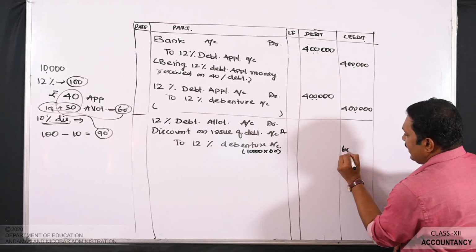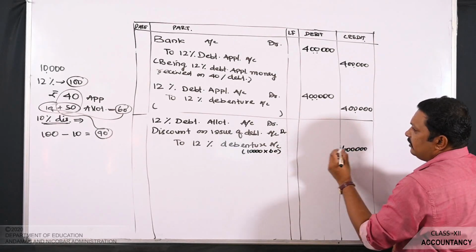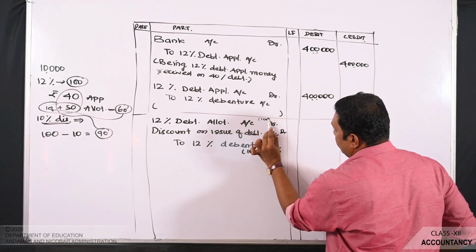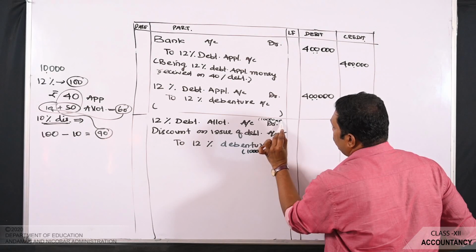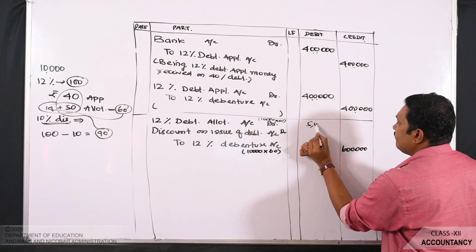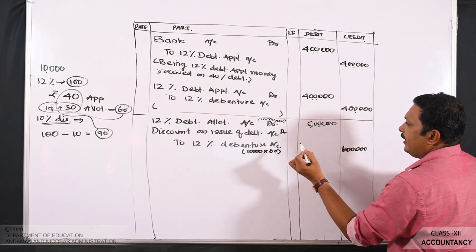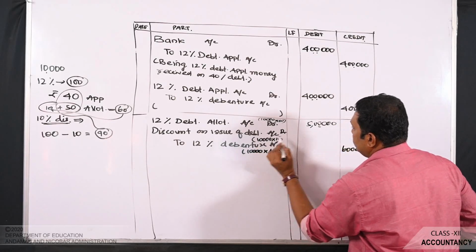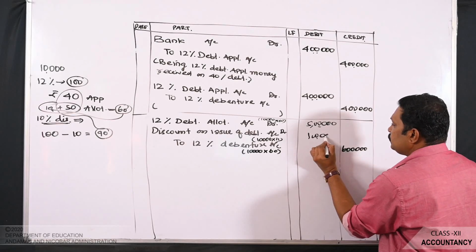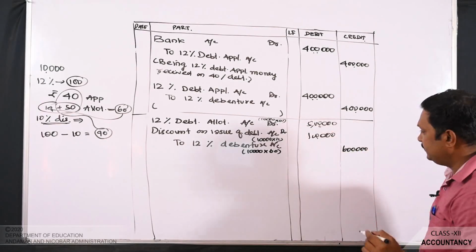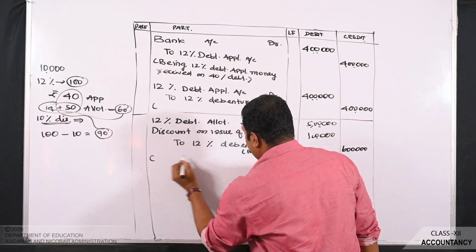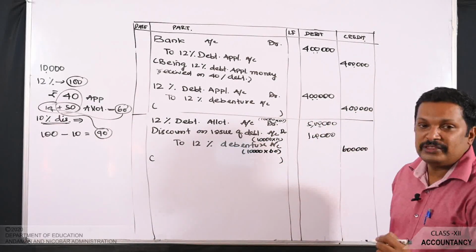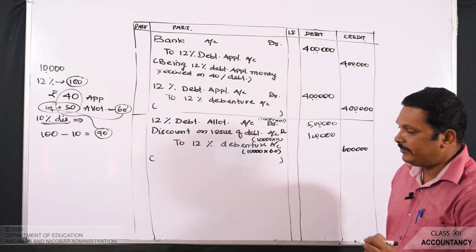So 6 lakh, but we are issuing only for 50, so 10,000 into 50, that is 5 lakh, and the discount is 10,000 into 10, that is 1 lakh is discount, right? Being debenture allotment money due with discount of rupees 10, right?